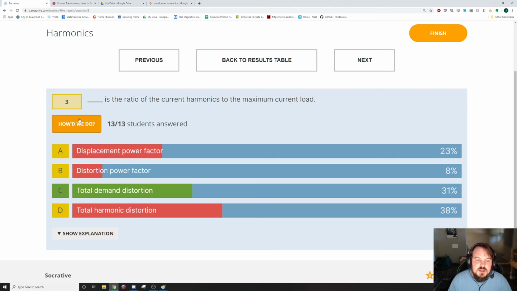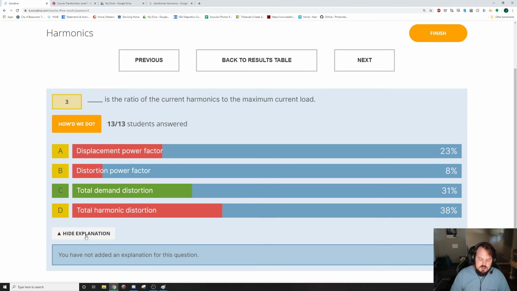Total demand distortion, that is, I'm drawing a blank now. I mean, it's the ratio of current harmonics to the maximum current load, but I don't want to just read the answer. Let's see. Yeah, chapter 5 though.